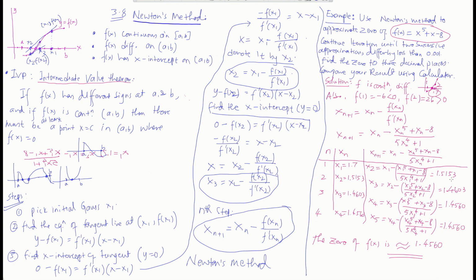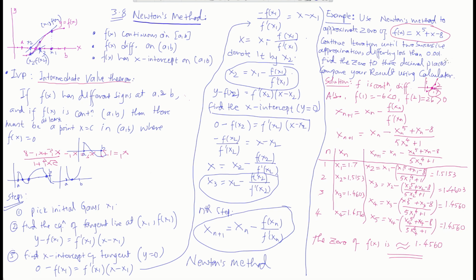Why? Because look at these x values. x2 was 1.51, x3 was 1.46, and x4 is 1.45. Look at this, it is getting close to 1.45. You see that? When I find x4, it is 1.4560.